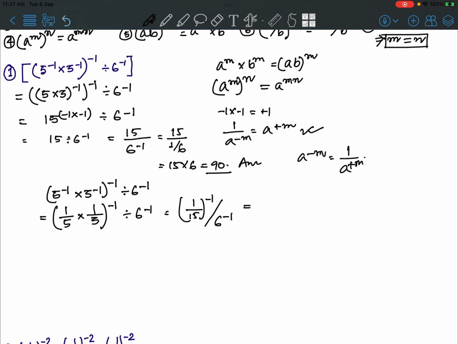Now we can write (1 by 15) whole to the power minus 1 as 15, and then 1 by 6 to the power minus 1 as 6. That equals 15 into 6, which is 90. So these are the two ways we can solve this problem.